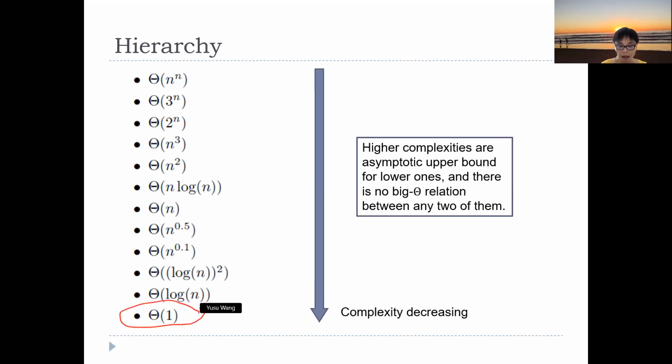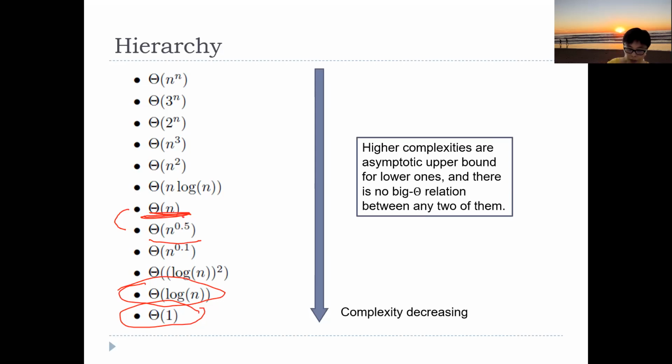Of course, I'm not giving the complete spectrum, but then a logarithmic function is slower than a constant function. Between any two functions here, the top function is bounded from below by the bottom function, but they're not equivalent. So they don't have the big theta relation.